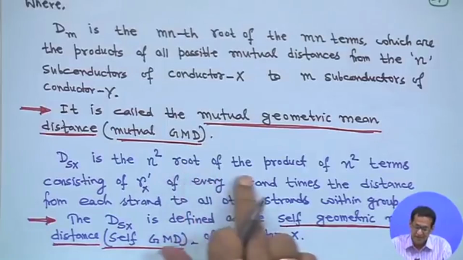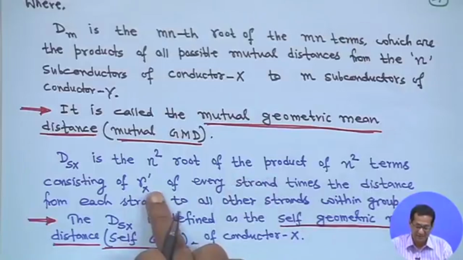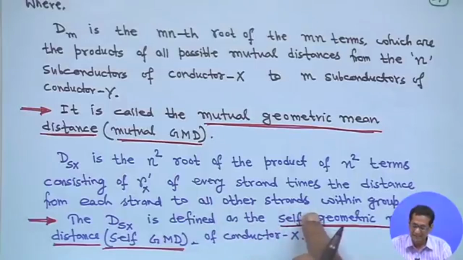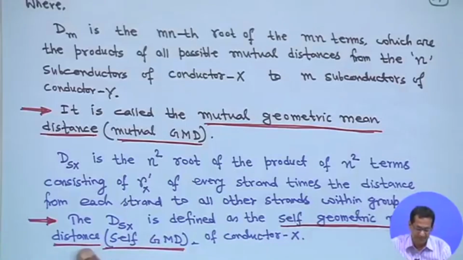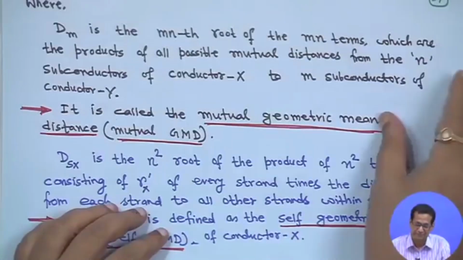So it is the n square root of the product of n square terms, right, because it will be n into n, consisting of Rx dash of every strand times the distance from each strand to all other strands within group X. The DSx is defined as the self geometric mean distance, this is called self GMD of conductor X, right. So one is mutual GMD, another is self GMD, right. So to find out the inductance we need two things, one is mutual GMD, another is self GMD, right. I hope you have understood.